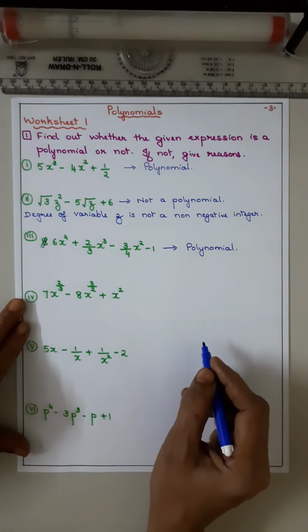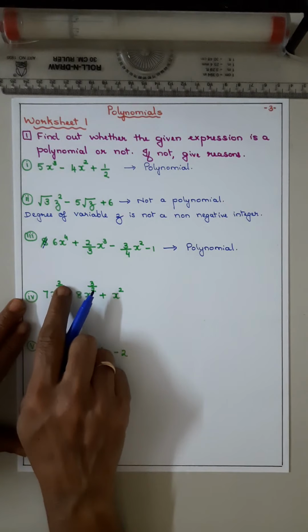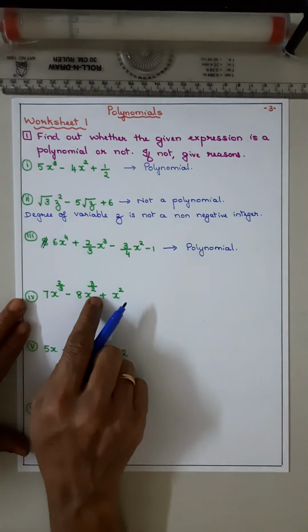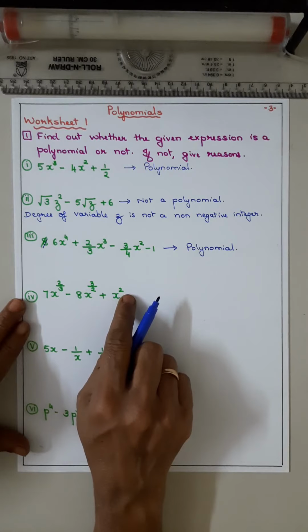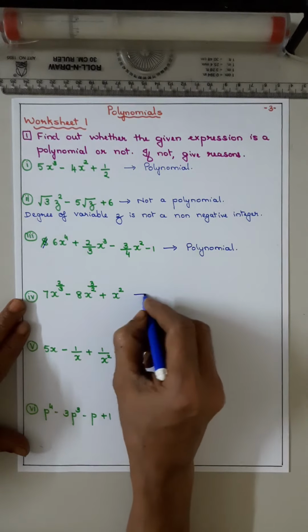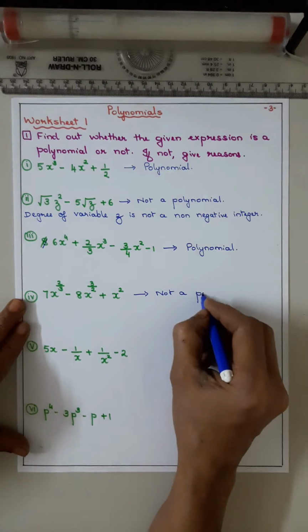Now fourth, 7x to the power 2 by 3 minus 8x to the power 3 by 2 and x squared. Here it is a non-negative integer but here they are not integers. So not a polynomial.